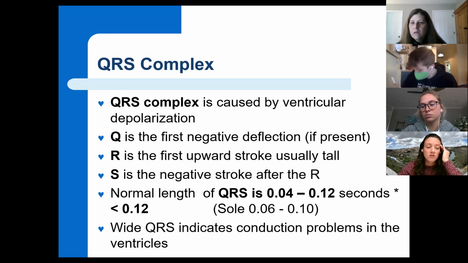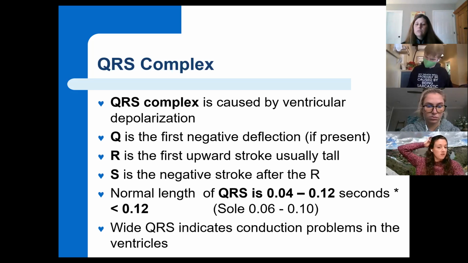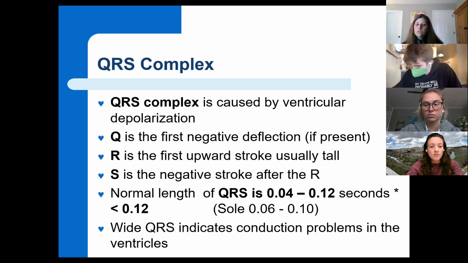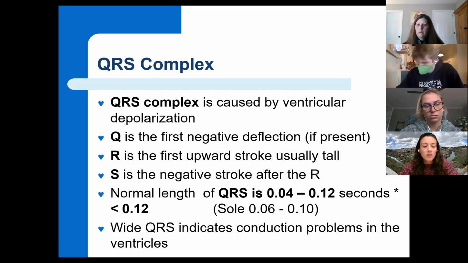That's just to say that you might see a little bit of variation depending on what piece of literature you pick up. But you need to know QRS is 0.04 to 0.12 seconds in length from left to right in order to be considered normal. If it is a wide QRS, wider than 0.12, that indicates there's a conduction problem with the ventricles, because after all, the QRS is representation of the ventricles.